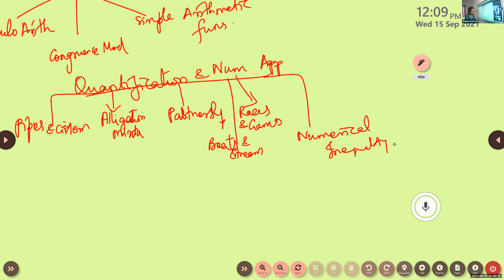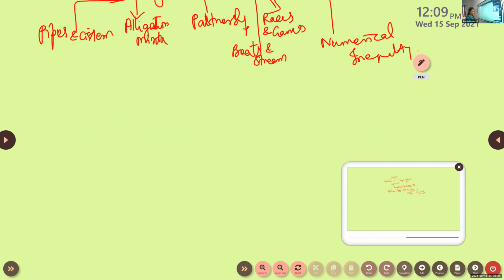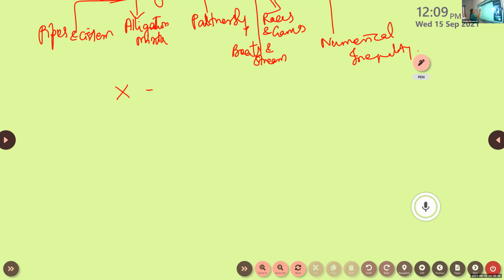So now we are going to start with modular arithmetic. What is meant by modular arithmetic? What is modulus? It is remainder. Suppose you are given two integers x and y, with x greater than y.